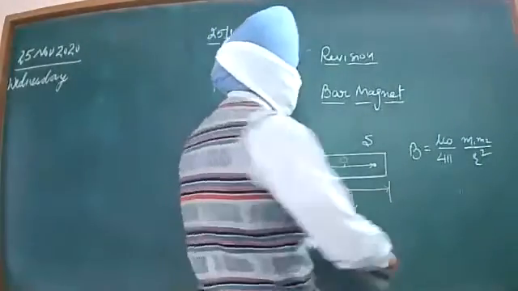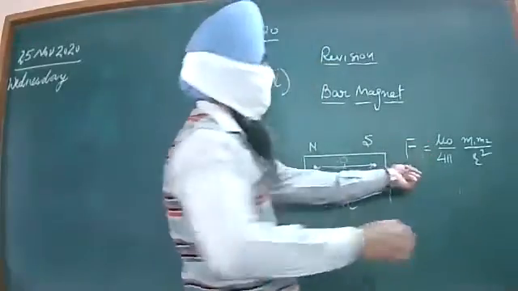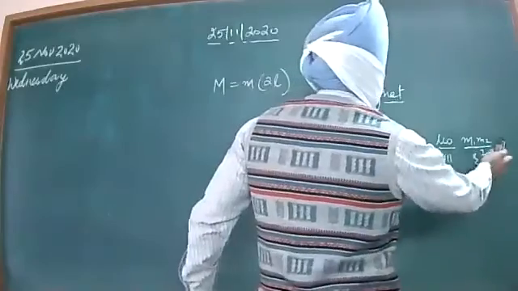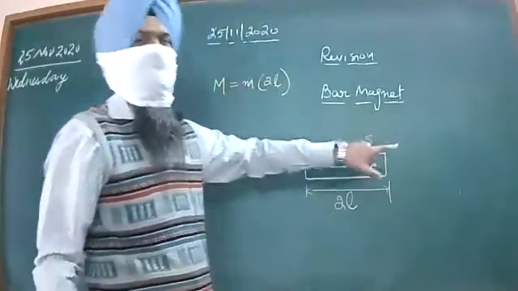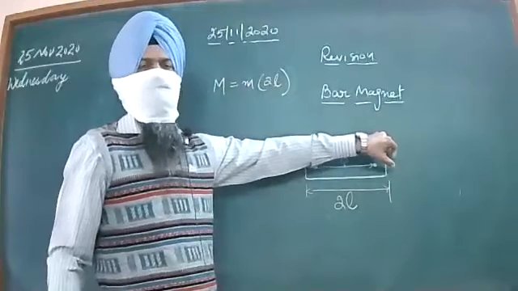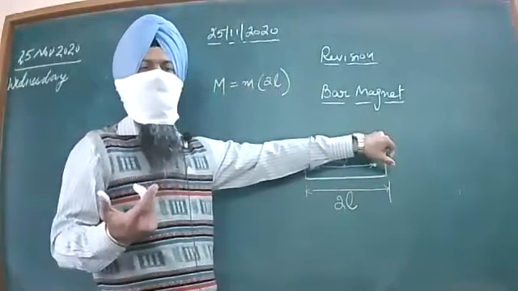So this is also called Coulomb's law in magnetism. This is the magnetic force. I was not supposed to focus on this, but I was just refreshing your idea that we might be knowing Coulomb's law in magnetism.